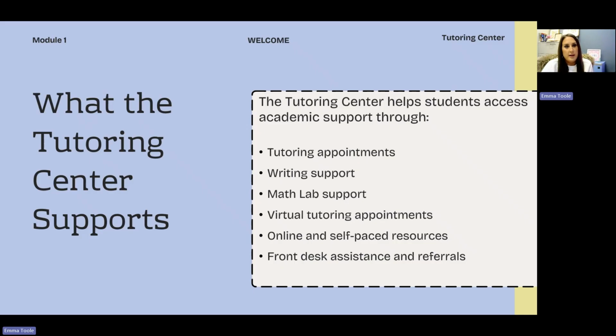The onboarding packet includes procedures related to the front desk and support. Also, there's information about Salesforce scheduling, appointment attendance, how to do a virtual appointment, how we function in the math lab, instructions on how to use the phone, and other online tutoring resources.